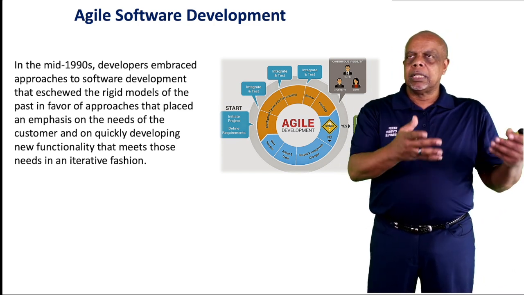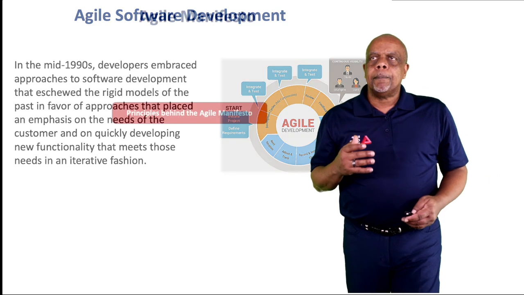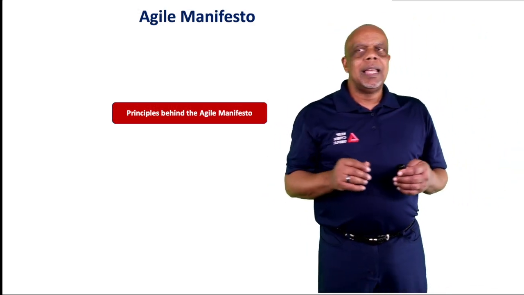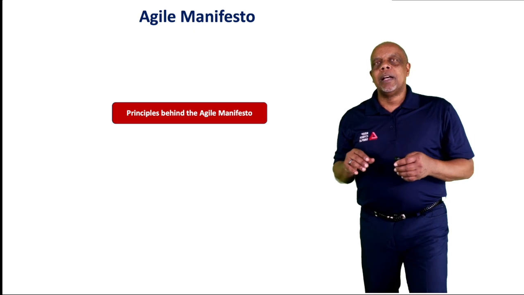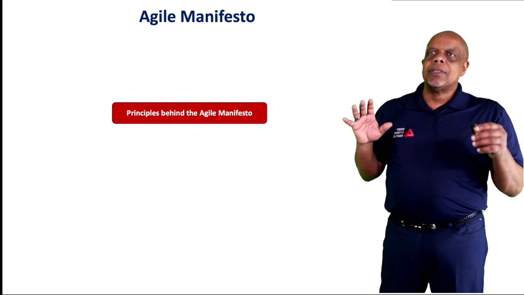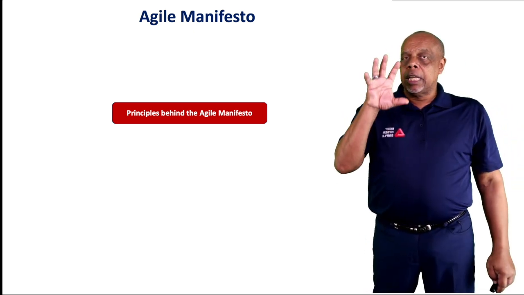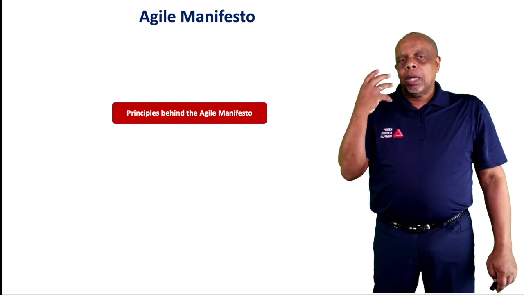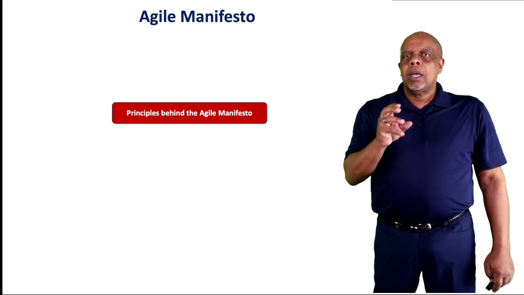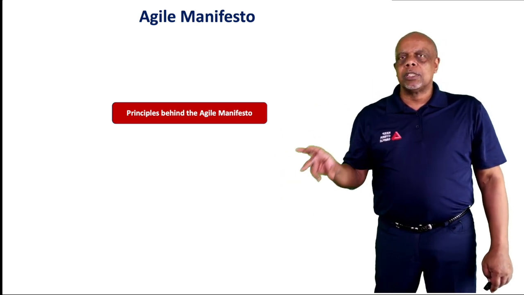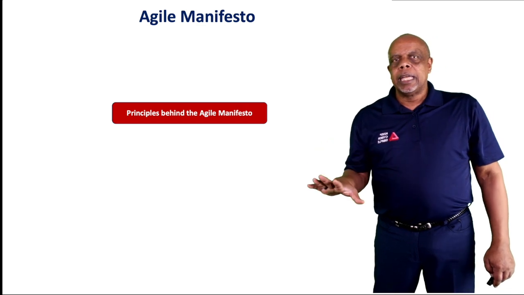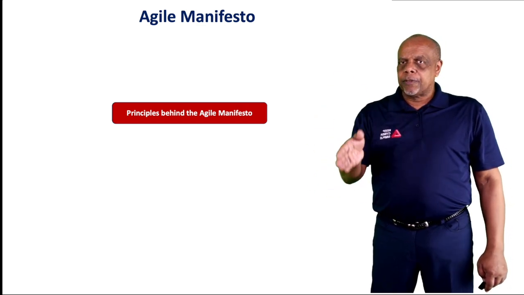Build, test, deliver. Build, test, deliver. Now, there's a manifesto, yes, associated with Agile. 12 principles behind the Agile model, which is a different mindset than what we're normally used to talking about, especially with respect to engineering, software developers, systems engineering, because engineering usually is very methodical.